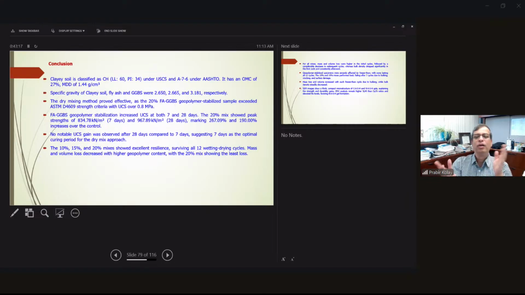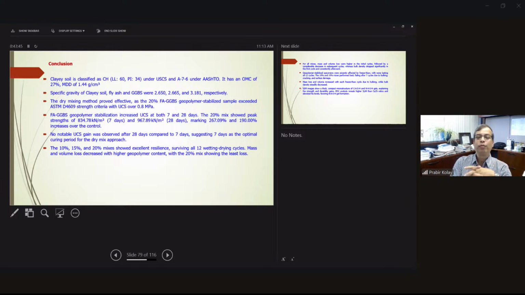And then finally, what you have noticed over here is that the dry mixing method proves effective. The 25% fly ash and GGBS geopolymer exceeds the criteria. If you consider the ASTM criteria for UCS strength, over 0.8 megapascal, then it can be used for soil stabilizer purposes.